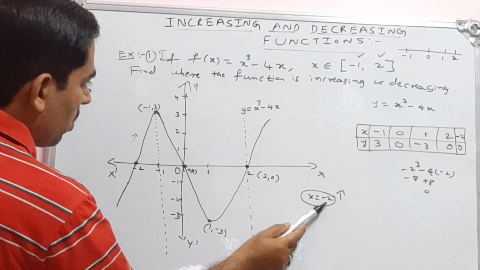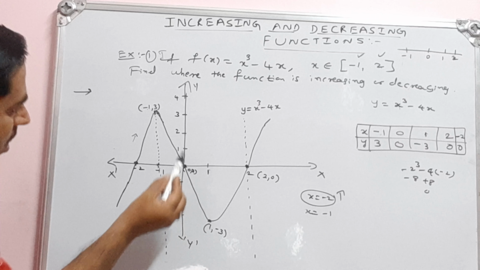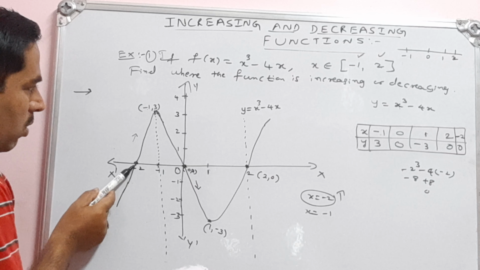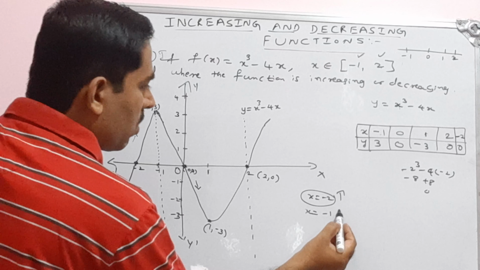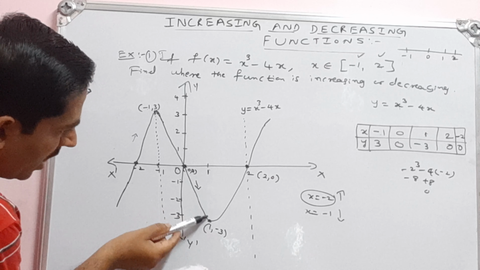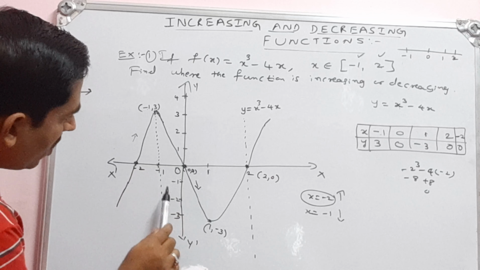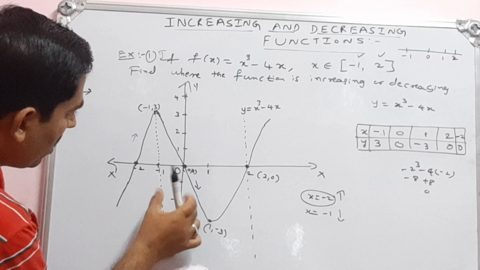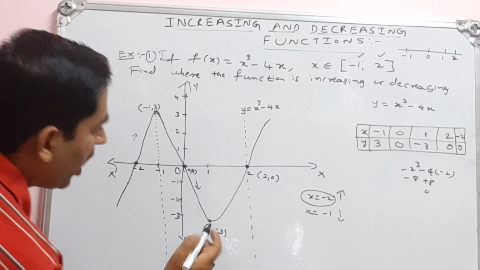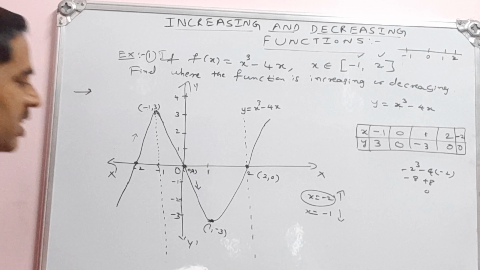From x is equal to minus 1, the function is decreasing. I will write this symbol. From x is equal to minus 2 it is increasing, from x is equal to minus 1 it falls. So in this period it is decreasing, up to this point.